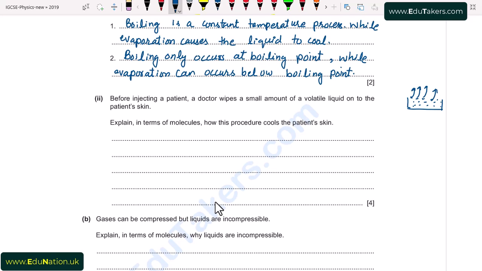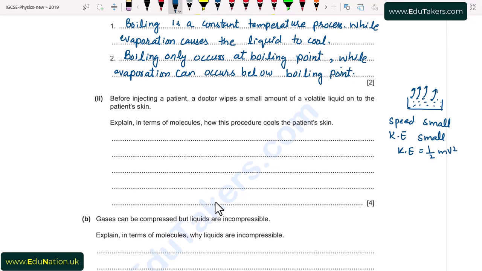So the speed of these molecules will also be small because their energy is small. When the speed is small, then the kinetic energy is also small, because kinetic energy is equal to half mv square.